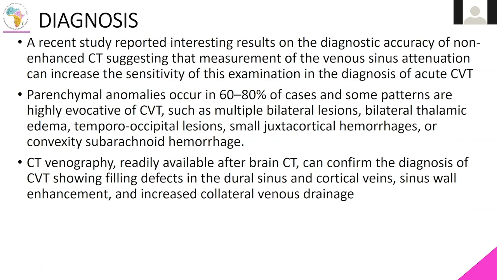CT venography, readily available after brain CT, can confirm the diagnosis of CVT, showing filling defects in the dural sinus and cortical veins, sinus wall enhancement, and increased collateral venous drainage.